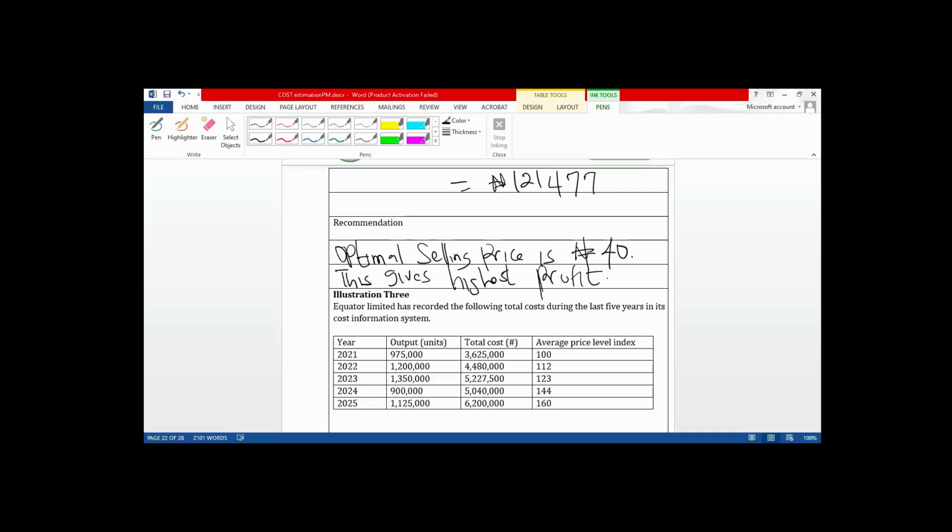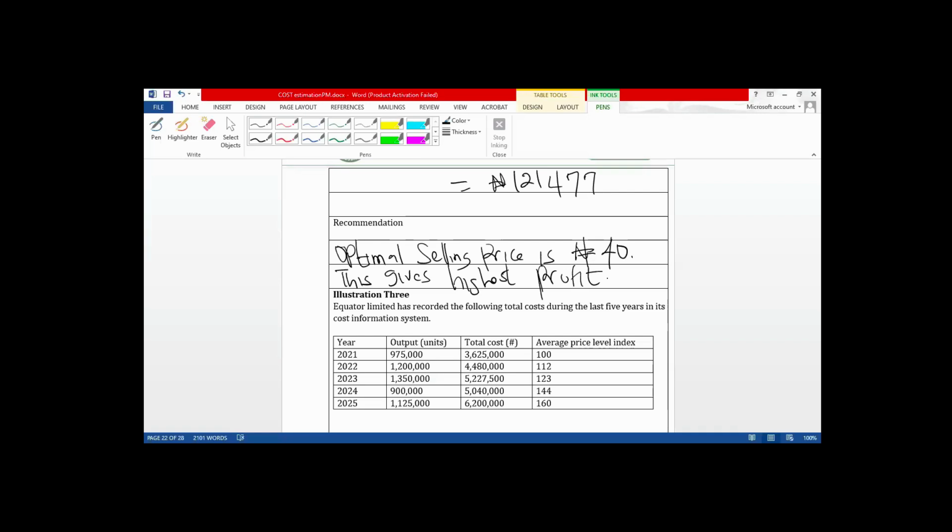2021 is 100, 2022 is 112, 2023 is 123, 2024 is 144, and we have 2026.